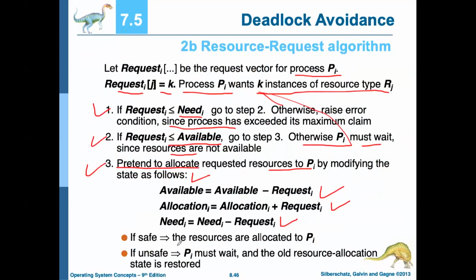If safe, the resources are allocated to Pi. If unsafe, Pi must wait and the old resource allocation state is restored. So that's to avoid this scenario.